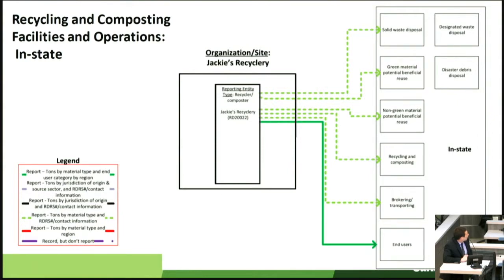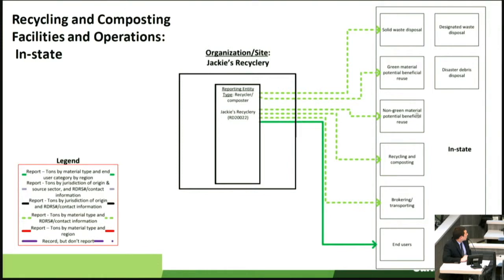Looking at outflows of non-green material potential beneficial reuse, so one below that, you're reporting the tons of each material type of non-green material potential beneficial reuse sent to each reporting entity. So if you sent 3 things to 3 landfills, you would end up reporting 9 data points on that.